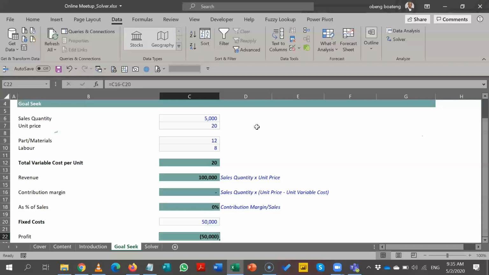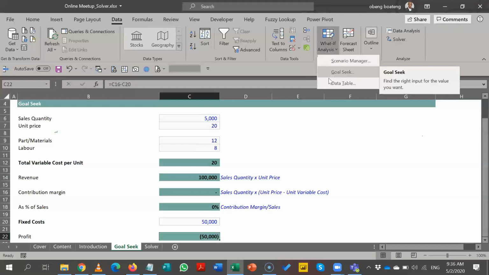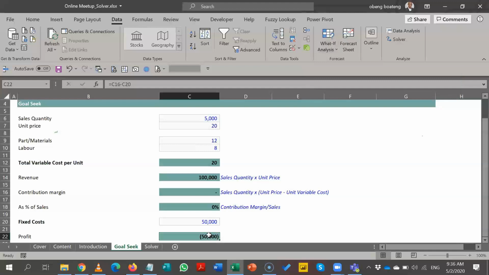Now, this is a particular example of a decision model. How much should I charge in order to get this profit to be 0? For something like this, a simple goal seek can solve it. I said again that you realize this model has all the cells connected.